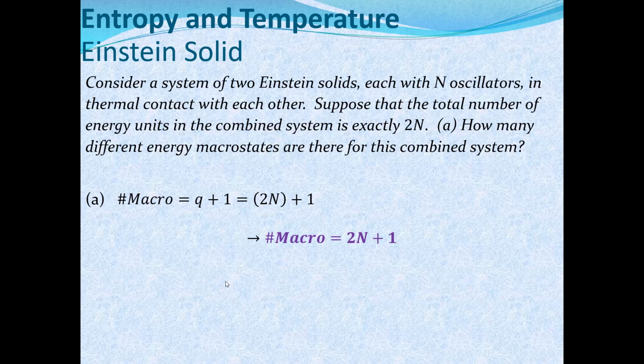So if you have one energy unit, one system can have one energy, which would be one macro state, and then the other one could have 0, or you could have it flipped and have one being 0, one being 1. If you had two, then one could have 0, one could have 2. Both of them could have 1, or 2 and 0.